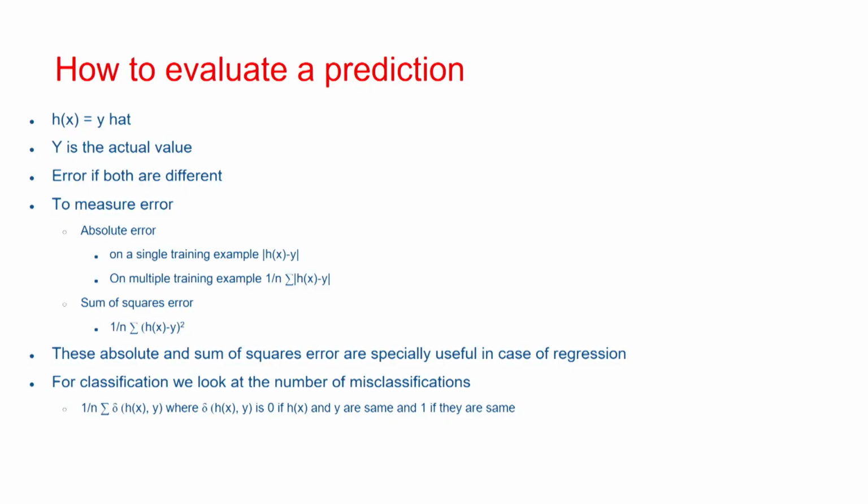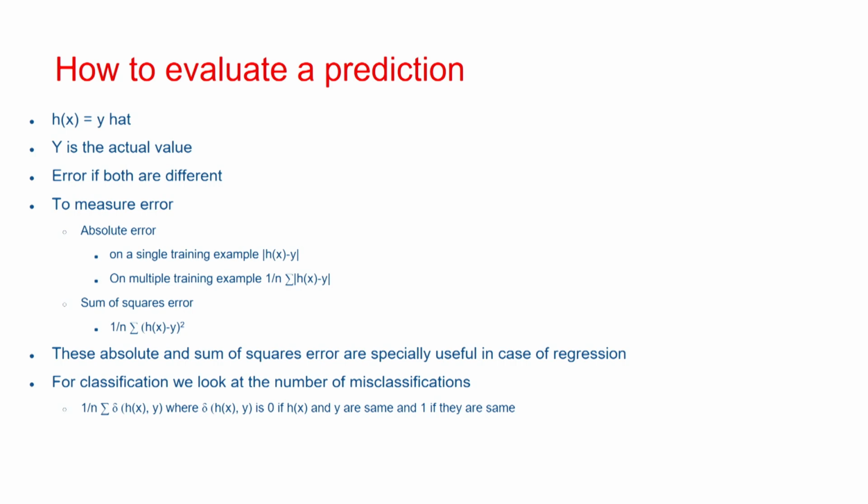While in case of a classification problem, your prediction is not a numerical value, it is a label. So, in that case we can define error as the number of misclassifications.